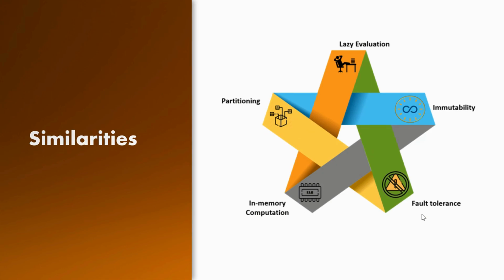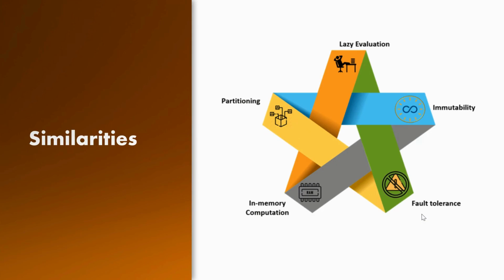Now, what is immutability? Immutability means once you have a data set and you perform some transformation, the current data frame or data set is not changed. It creates a new data frame, data set or RDD. Because of immutability, the data frame or data set is fault tolerant.